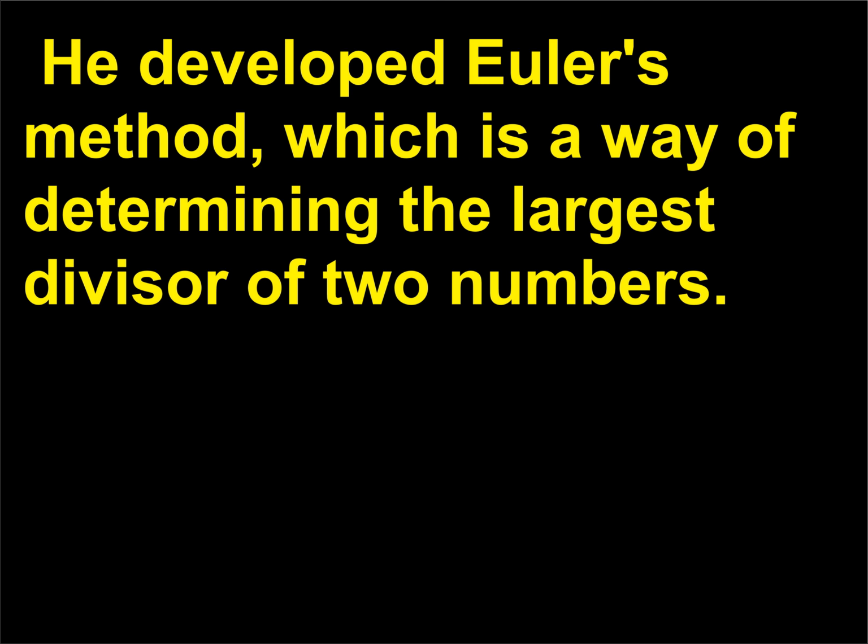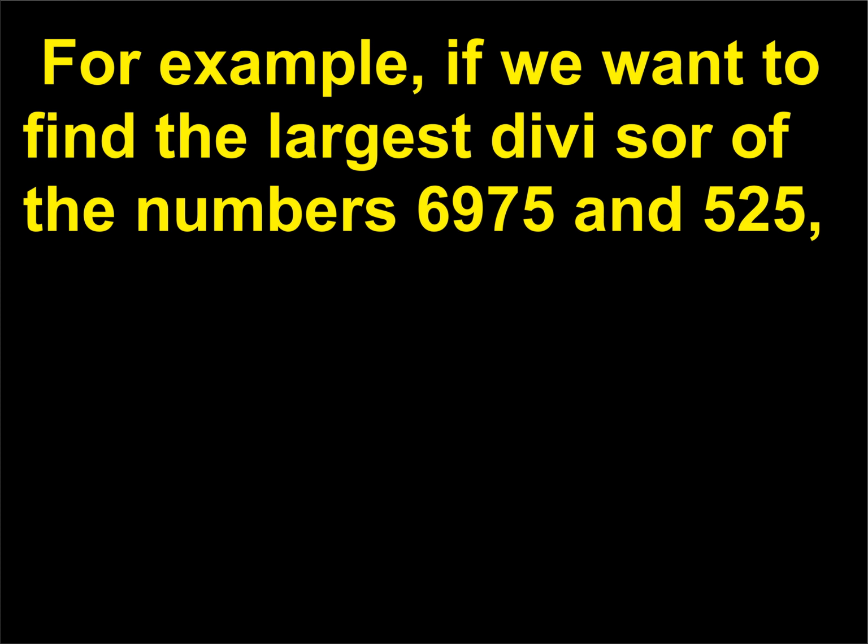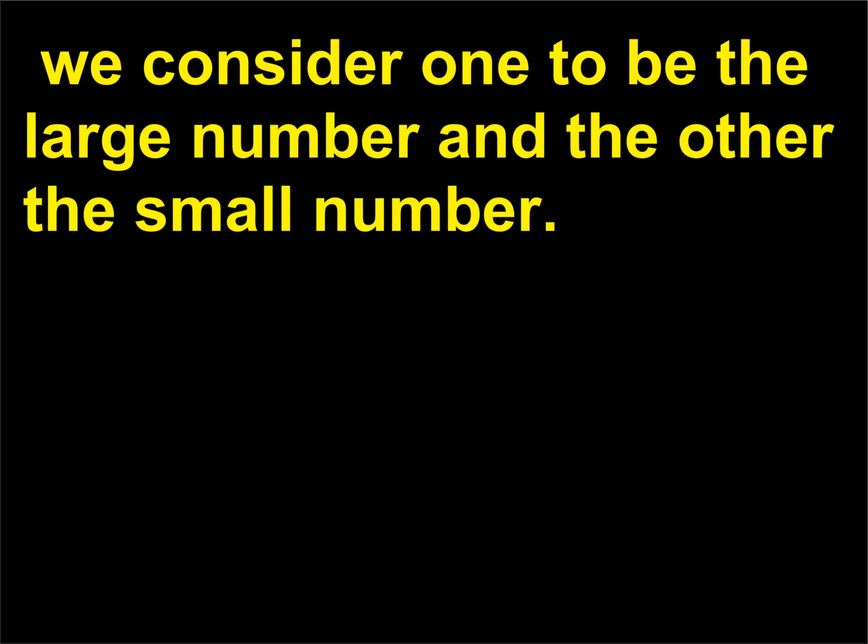He developed Euler's method, which is a way of determining the largest divisor of two numbers. For example, if we want to find the largest divisor of the numbers 6975 and 525, we consider one to be the large number and the other the small number.